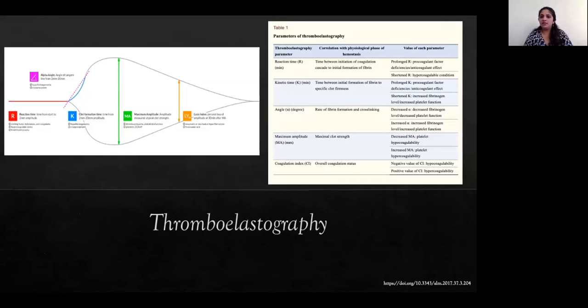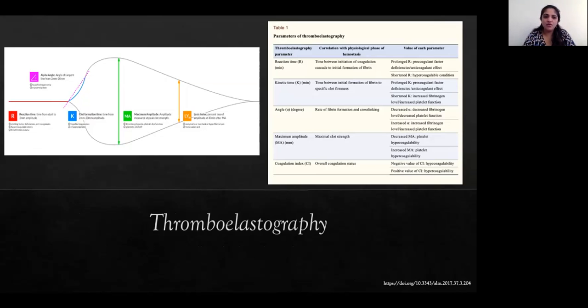So this is an introductory slide for those of us who are not very familiar with thromboelastography. The first figure, or the diagram, is actually the most helpful. The red line, or the reaction time, is the time taken from beginning of the clot formation to fibrin formation.